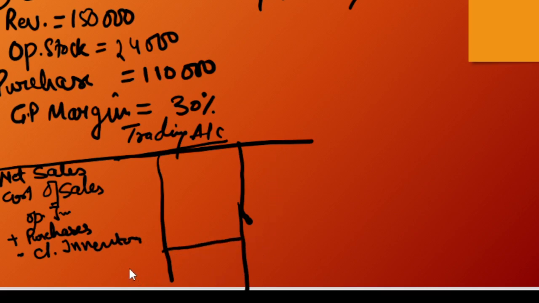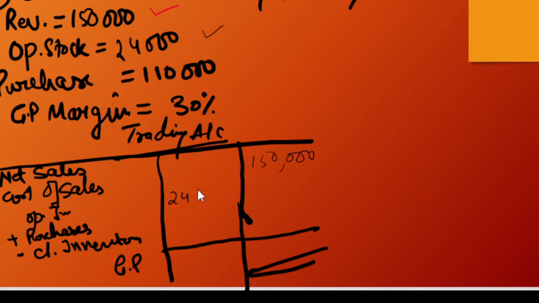And then GP is your answer. So whatever information we have, we use that information first. Revenue is given to us, that is 150,000. Cost of sales is not directly given, but opening stock is given, that is 24,000. So opening inventory 24,000, purchases is also given, that is 110,000. And closing stock is not given, let it be X, put a question mark.